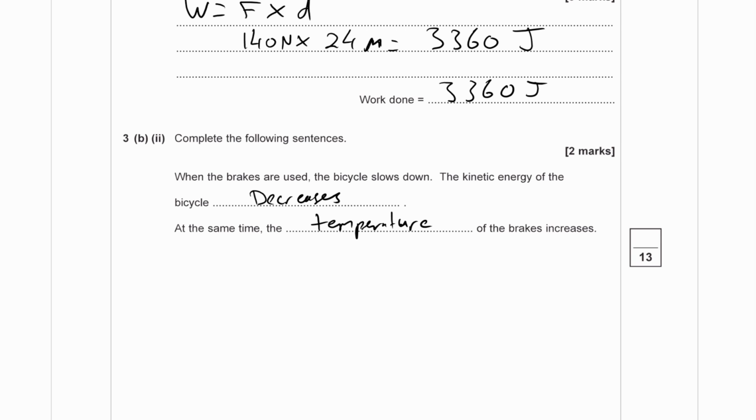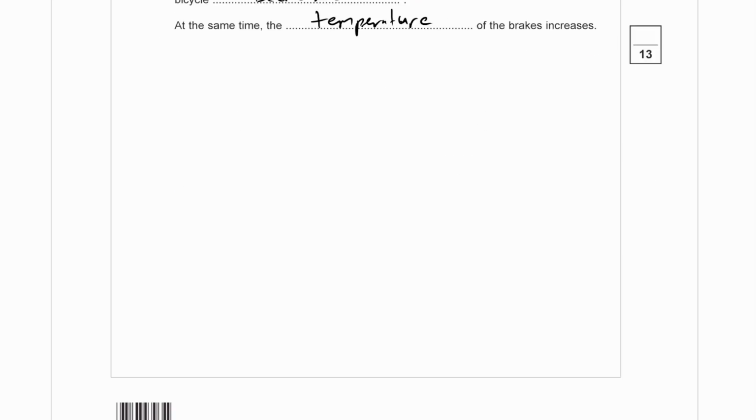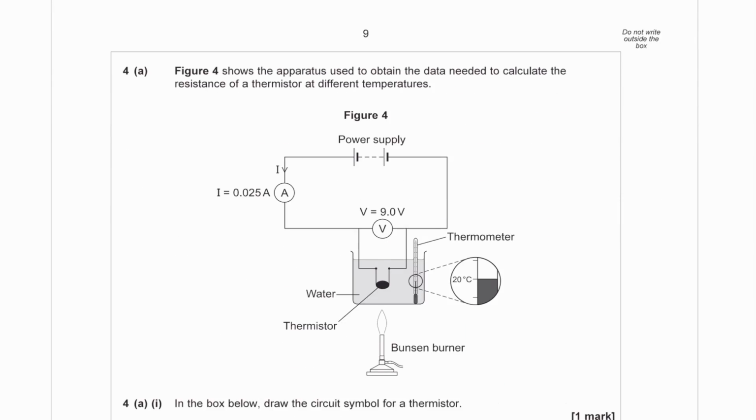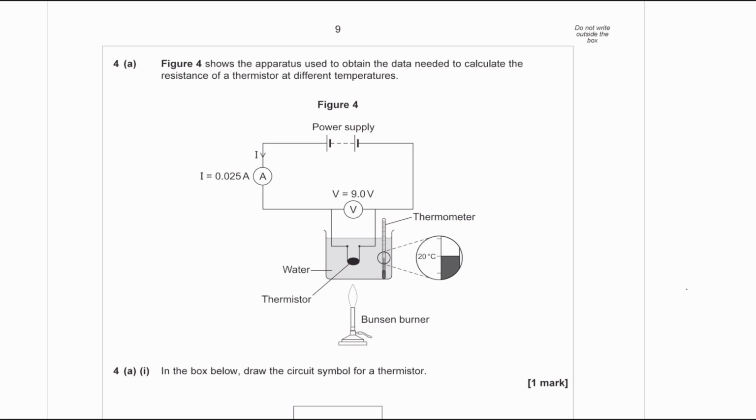All right, and that brings us to the end of question 3. So let's now scroll down. All right, so let's have a look at question 4. It says that figure 4 shows the apparatus used to obtain data needed to calculate the resistance of a thermistor at different temperatures. Right, so we've got this circuit here, and down here we've got a thermistor, but you can see that the symbol there is covered up.